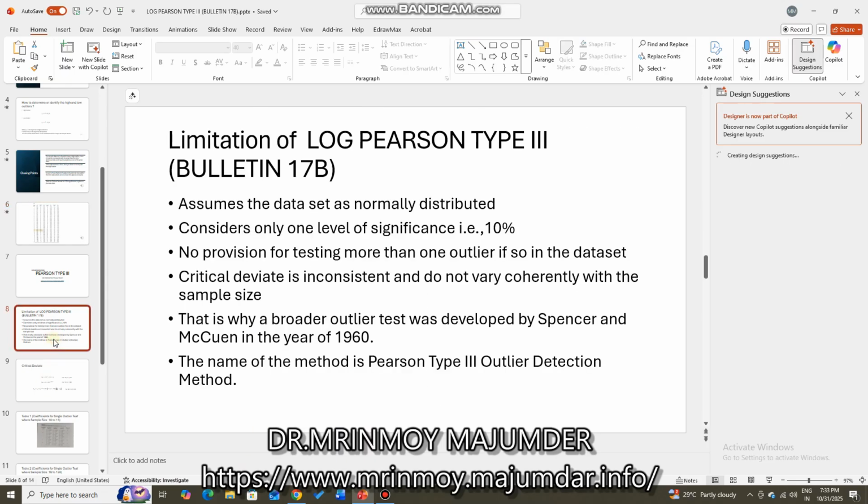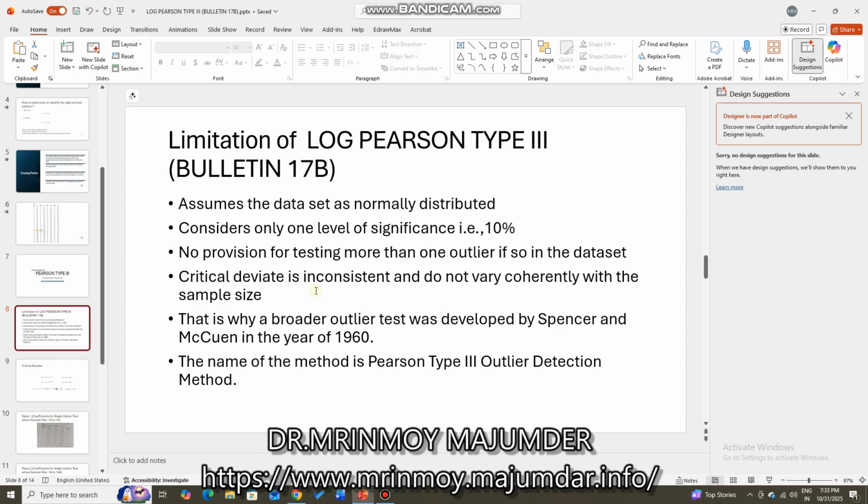But the problem is that this critical deviate is inconsistent and does not vary coherently with the sample size. Generally what happens in outlier detection methods, the critical deviate, which determines whether our sample data is an outlier or not, increases with the increase in sample size.